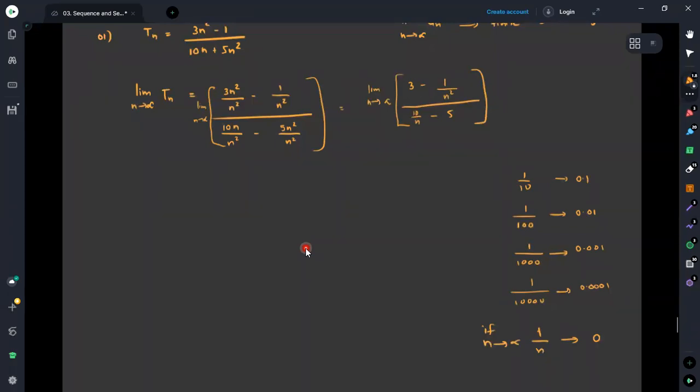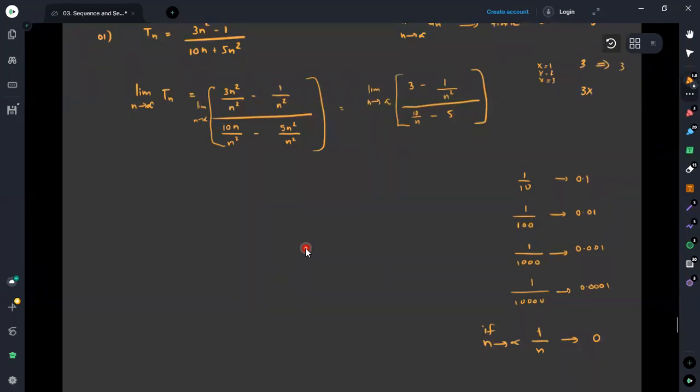But the next case is a constant value, which is not affected by the variable. If we had 3 and 3x, suppose we substitute x equals 1; there is no effect on the constant. Even for x equals 1, 2, 3, or whatever value, it stays as 3.